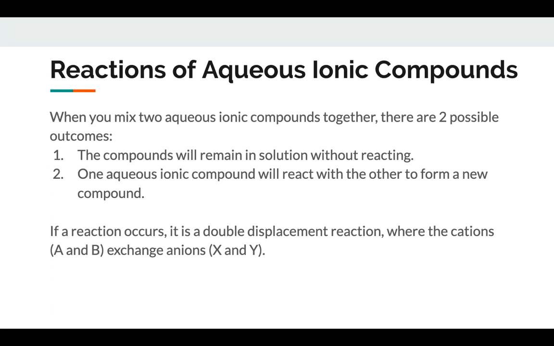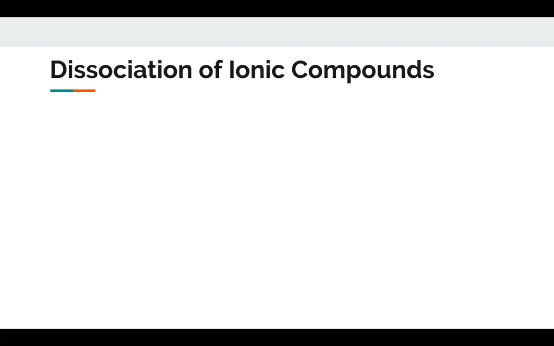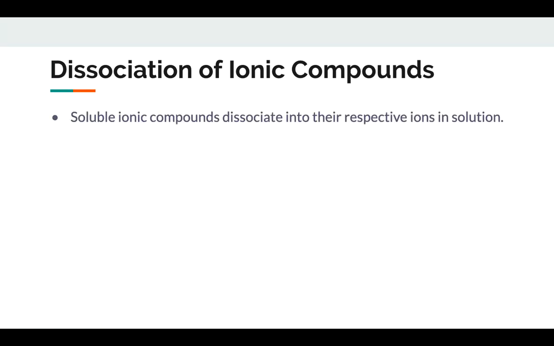These types of reactions are double displacement reactions where the cations exchange anions, and they can be written in this general way: AX plus BY produces BX plus AY. So when you have ionic compounds in an aqueous solution, those ionic compounds break apart, or dissociate, into their respective ions in that solution.